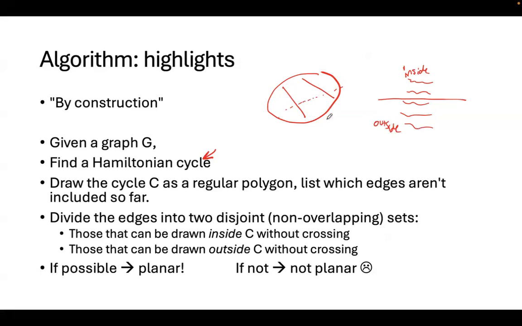And then the outside edges, let's say it goes like that. If we can draw all those outside edges so that they don't cross, if we can partition this set of other edges in that way, then it's planar. If as we go, we reach something where we cannot draw it like that, then it's not planar. So that's kind of how we do that. Let's look at an example.